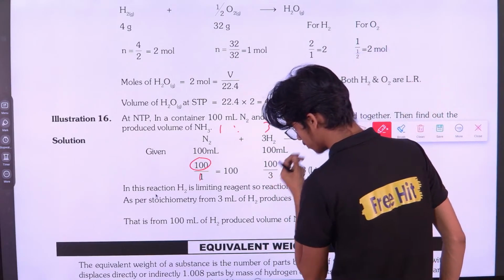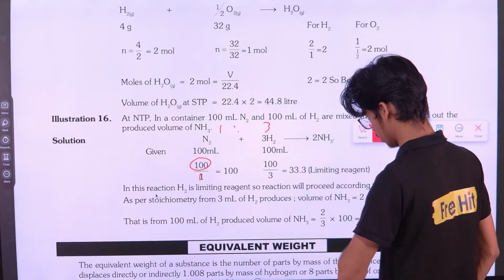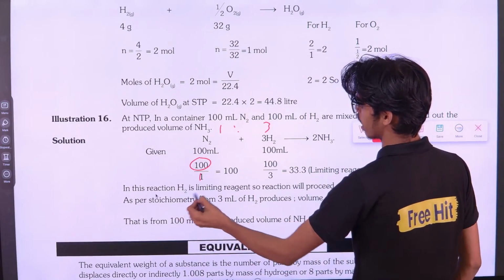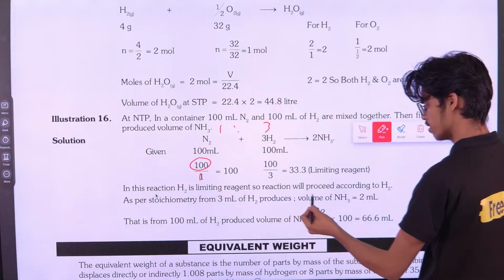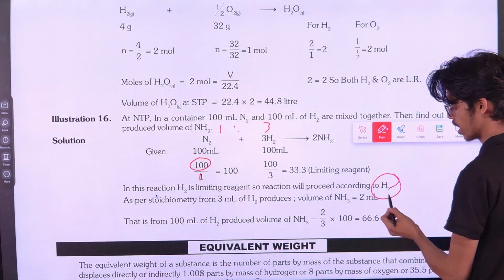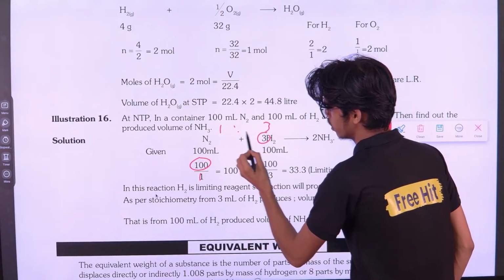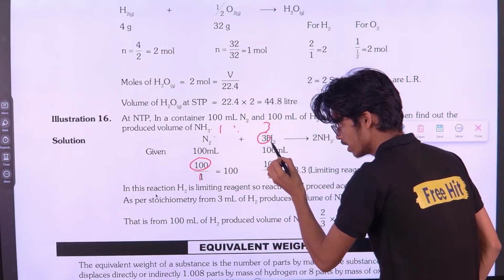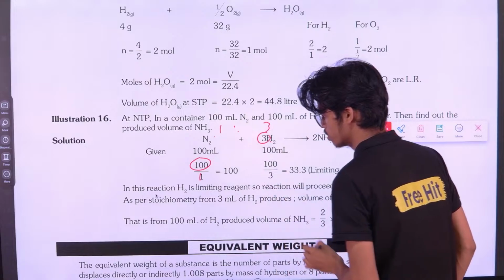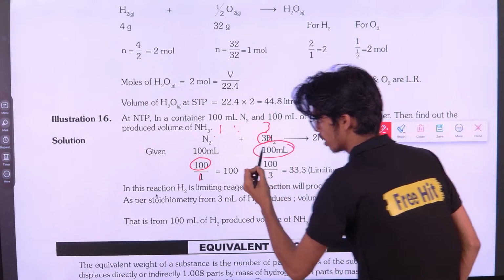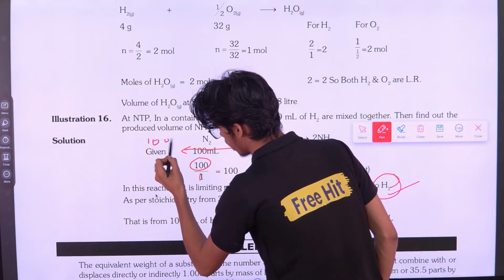Got it? Now in this reaction, hydrogen is the limiting reagent, so the reaction will proceed according to hydrogen. Now see, 3:1. 3 milliliter of this requires 1 milliliter of this. 100 milliliter of this will require 100 by 3.